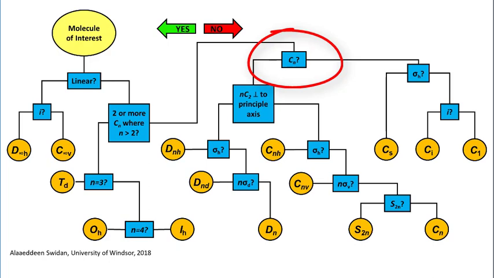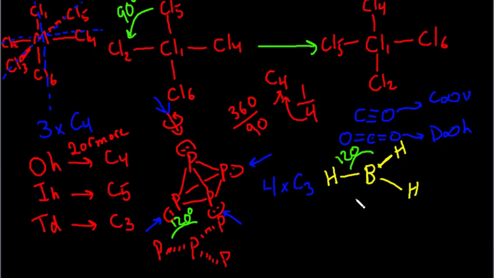And then it asks you if there are any perpendicular rotations, C2 rotations perpendicular with the same number as Cn. Meaning, here we have C3, so it's asking you, are there 3 C2s that are perpendicular?